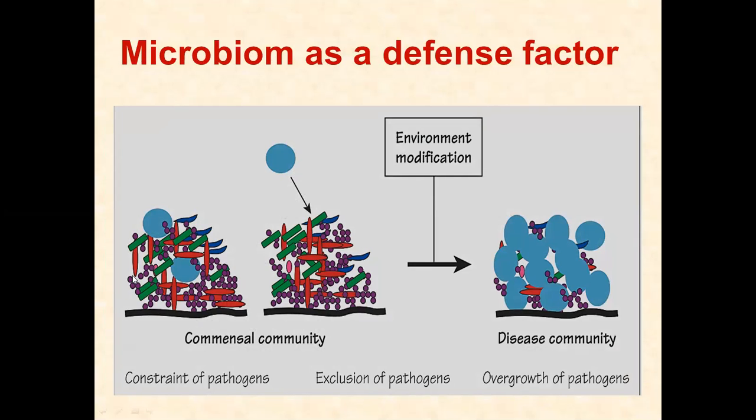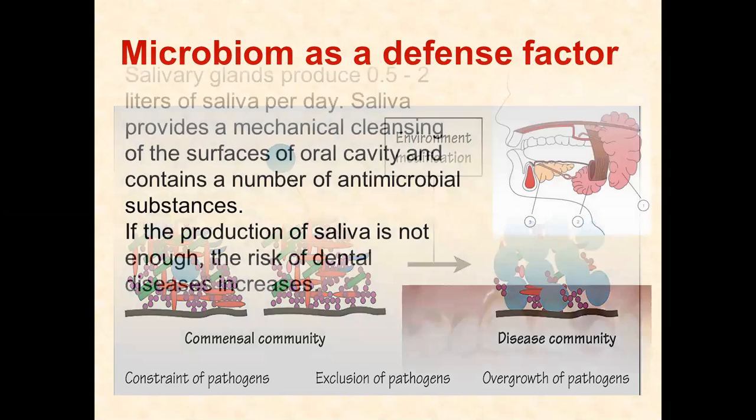The microbiome resident bacteria normally colonize all surfaces of non-sterile cavities in human body, and if some pathogens invade the site, they cannot attach to the epithelial cell surface, and they are easily excluded from this microbiome. But if normal microflora is damaged, the disease develops due to excessive multiplication of pathogenic microorganisms.